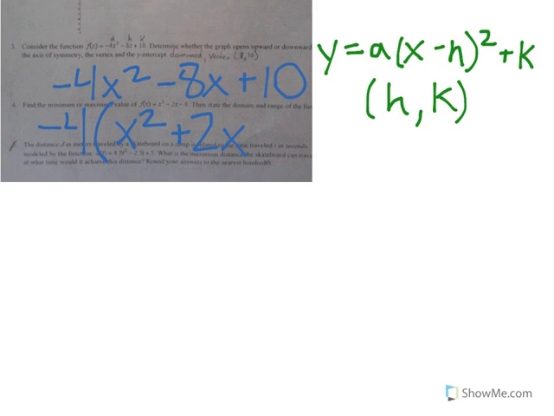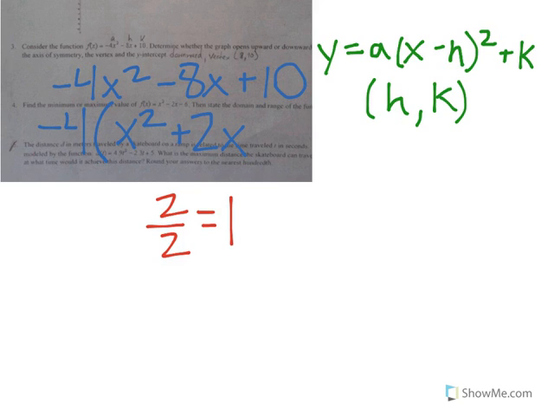And now I've got to think, what do I need to add to make this a perfect square trinomial? Well, what is half of 2? That's 1.